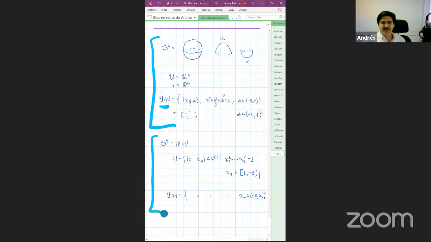The same for S3. Once we have computed the cohomology of S2, we will be able to compute the cohomology of S3, because the intersection will have the cohomology of S2. So this is the whole idea that I wanted to stress, forgetting about the cohomology, just to understand how the underlying open sets U, V, and the intersection relate to previous results.